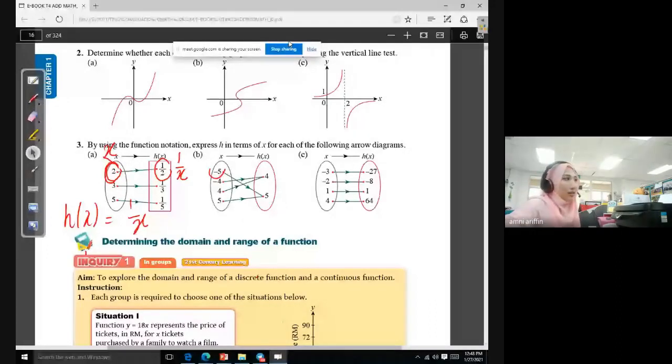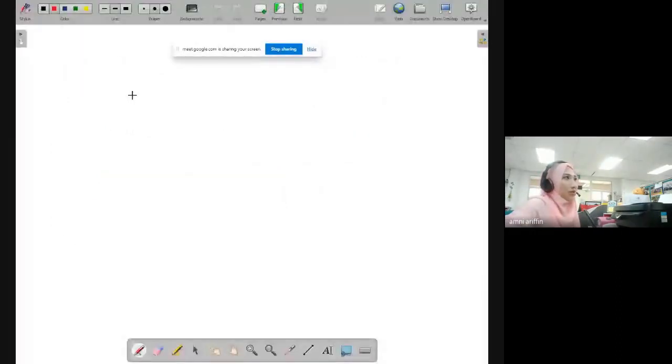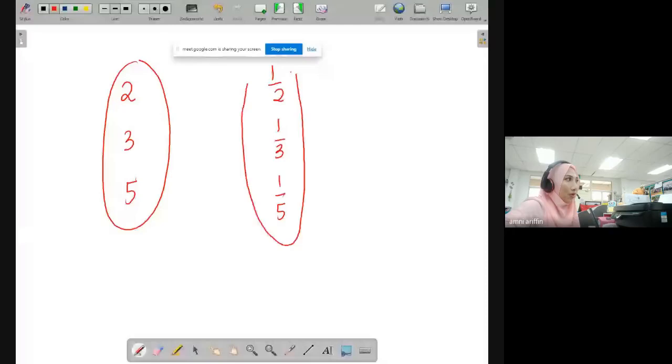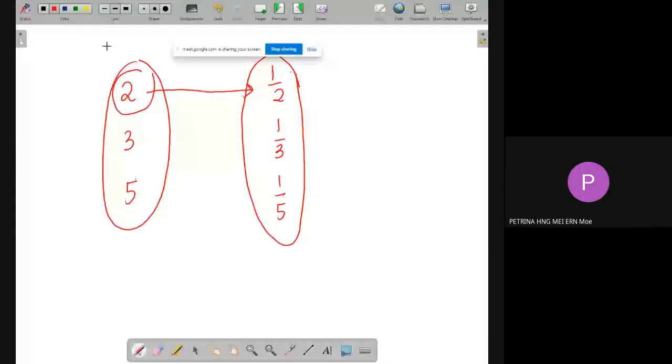Yes. Dia punya soalan apa dia? 2, 3 and 5, right? So ini adalah 1 over 2, 1 over 3, 1 over 5. Betul tak? Betul lah Mark, apa yang Mark confused tu betul. Okay, so yang ini objek dia 2, right? So this is x. Betul tak? Okay.